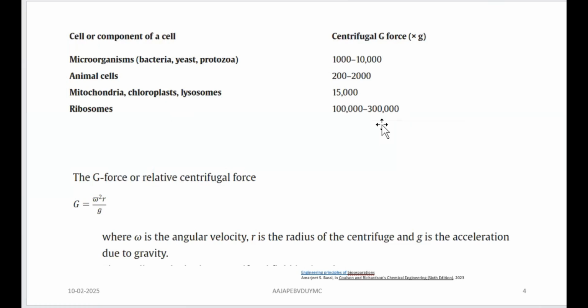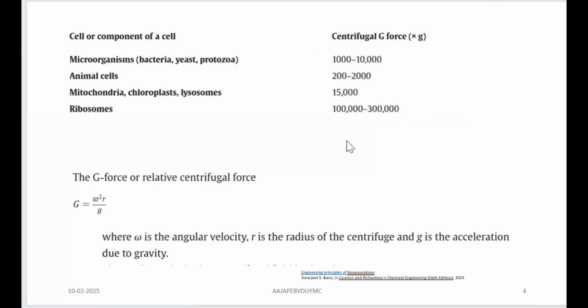So this table tells you that depending upon the size and density of the particle, you have to choose a centrifuge which is going to operate at different speeds, such as a low speed centrifuge, high speed centrifuge, and ultra high speed centrifuge. All right, this I think you have learned in earlier classes.